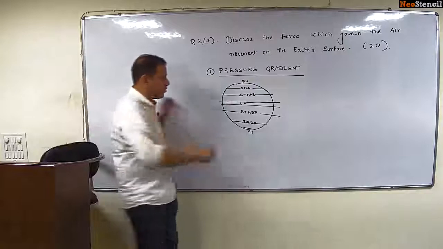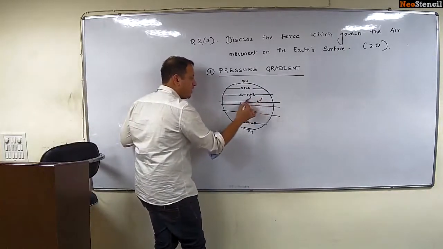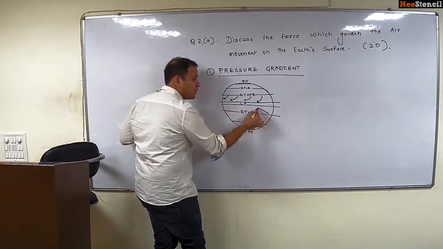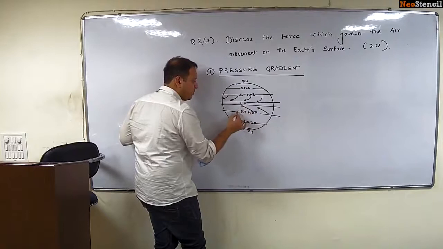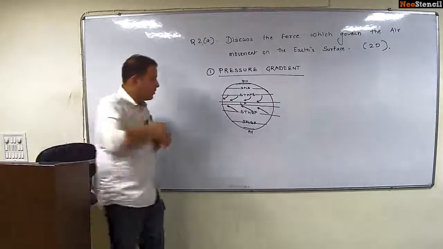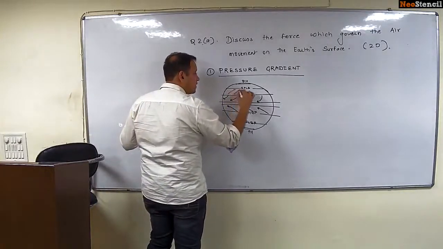So the winds which flow from the subtropical high pressure belt toward the equatorial low, you can show this in the diagram itself, are known as the easterly winds or the trade winds. So mention the trade winds here. The winds which flow from the subtropical high pressure belt to the subpolar low pressure belt are known as the westerly winds.